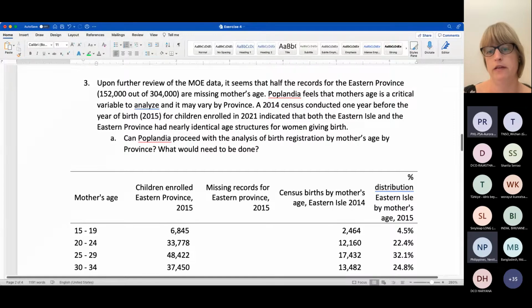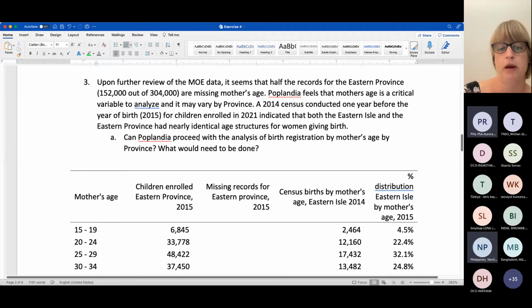A 2014 census conducted 1 year before the year of birth, we're reviewing 2015, so 1 year before there was a census, that indicated that both the Eastern Isle and the Eastern Province had nearly identical age structures for women giving birth. So the percent distribution of births by mother's age were very similar between the Eastern Isle and the Eastern Province, according to the census.